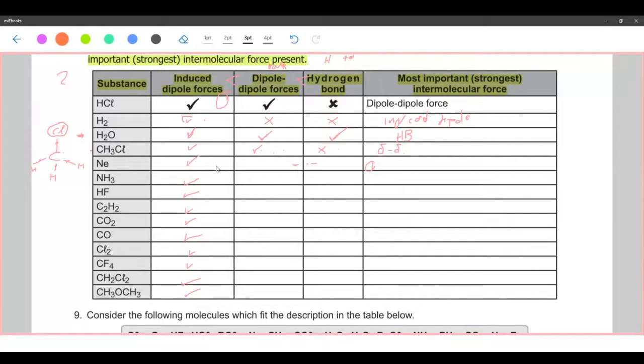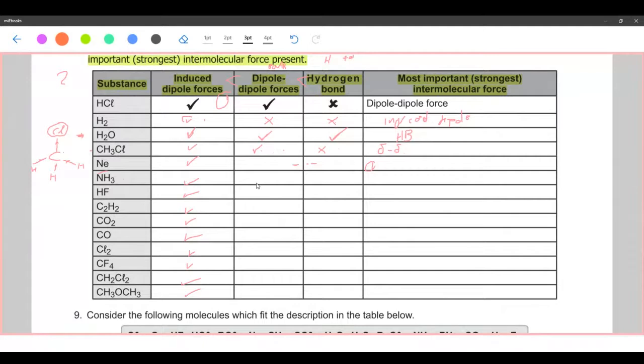Also, it's the easiest thing to do for your project. If you just want to get it done, do neon. It's literally just one atom attracted to another atom. No need for shapes and things. And that does suffice.